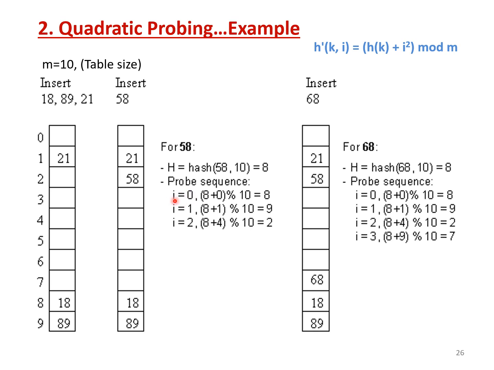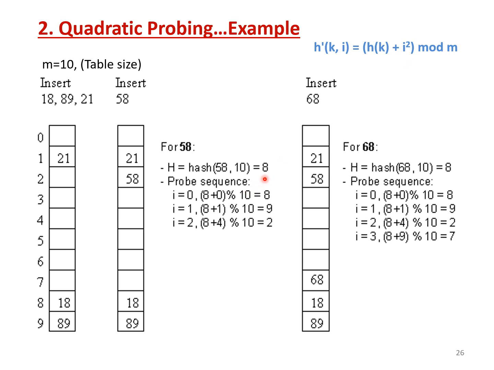When we compute the index value for 58 in the zeroth probe, it gives the value 8. But we have already stored the key value 18 in the location 8. So we have to go for the next probe, that is the 1st probe. So as per the equation, it is h of k plus i squared.